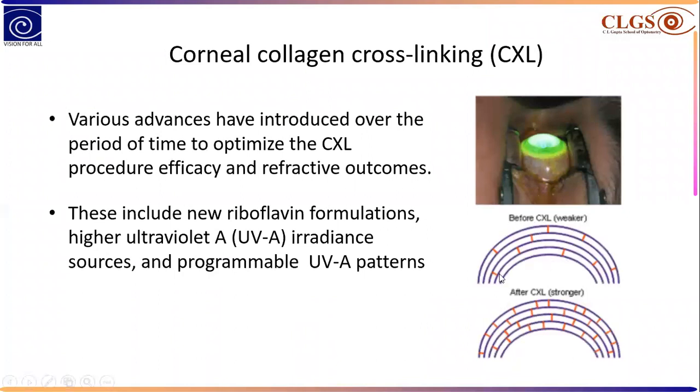In this picture, this is the cornea before C3R, and these red bars are the covalent bonds. Once C3R or CXL has been done, we see several new covalent bonds developed in the corneal stroma, and that's how it gives strengthening to the cornea.